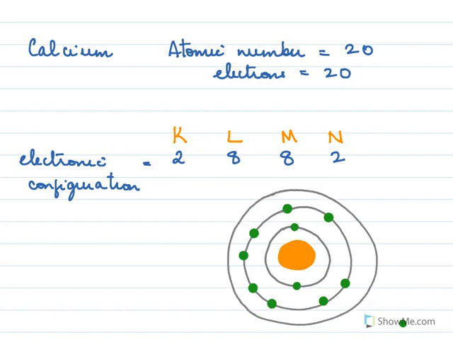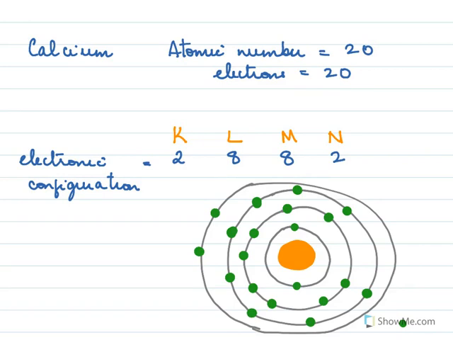In the third shell again 8 electrons. And in the end you have the last shell, the N shell, and in that you'll have just 2 electrons. Of course you need to complete your shell. This would be your atom of calcium.